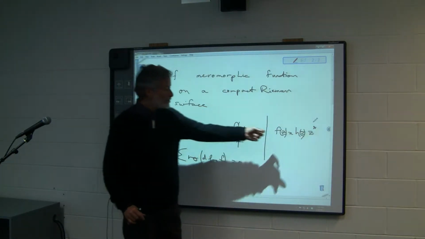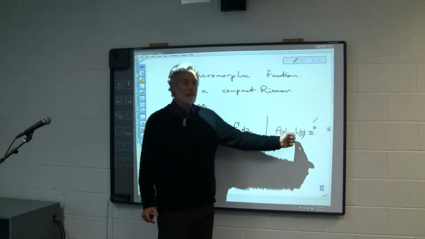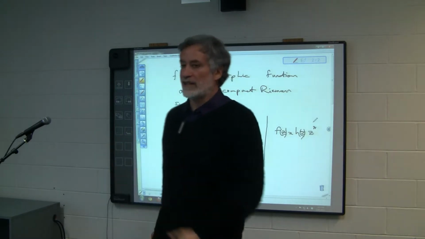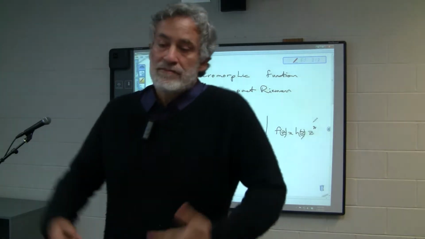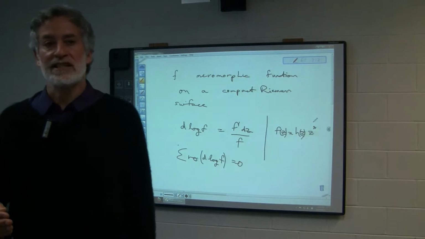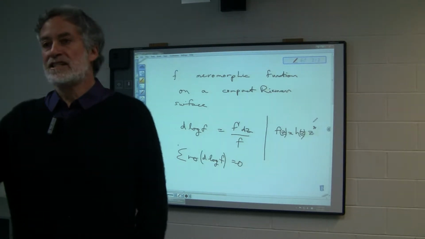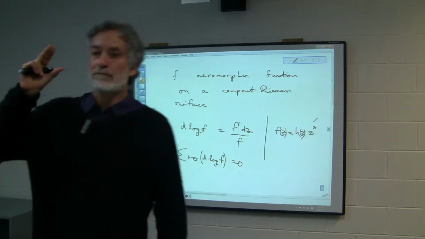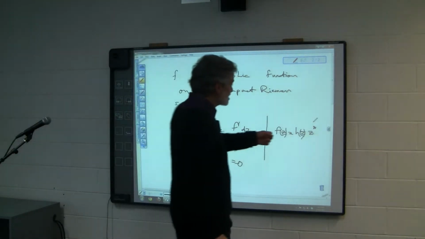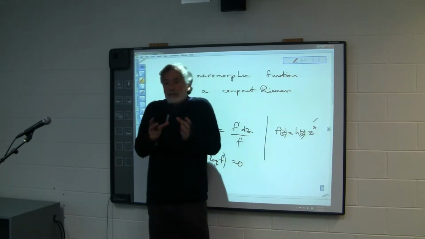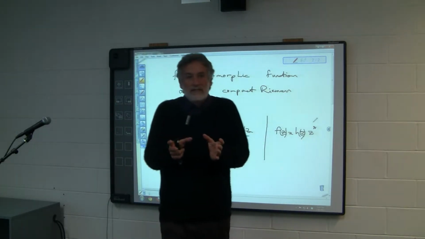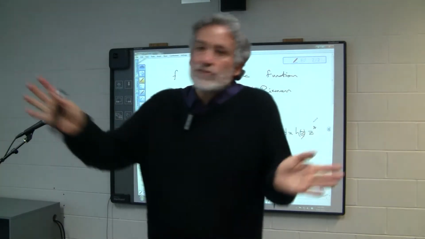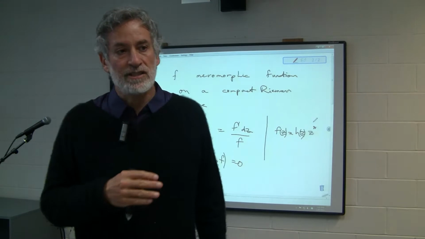So you can always write it as a product of a holomorphic function which doesn't vanish at the origin times z to the n. This just says that it has a zero of order n, so n is allowed to be negative. So it might have a pole of order n. It is meromorphic at the origin. So z to the n might be positive or negative, times some function which is non-zero at 0.